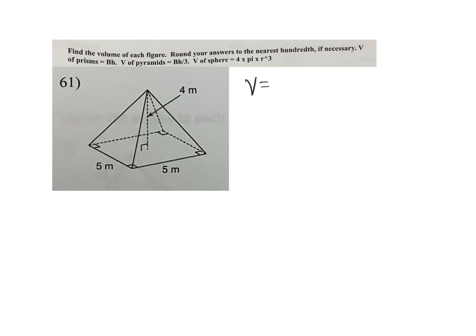So the base of the pyramid here is a square. So the area of the square is 5 squared. The height of the pyramid is 4. And then we got to divide by 3 because it's a pyramid. So we get 33.33 cubic meters.